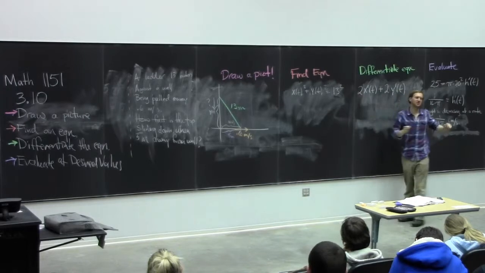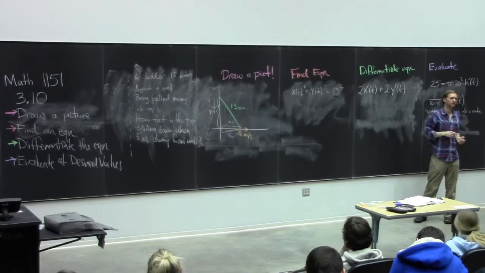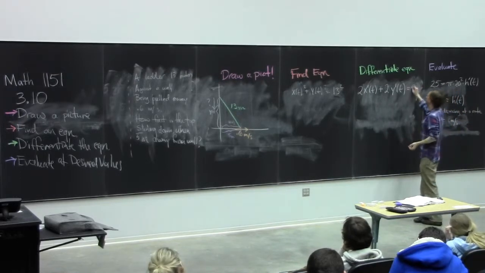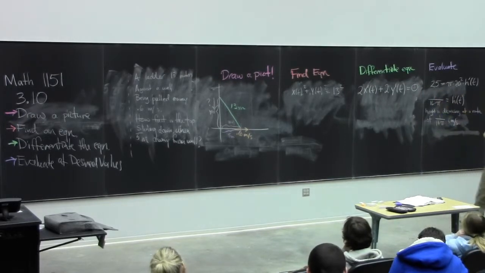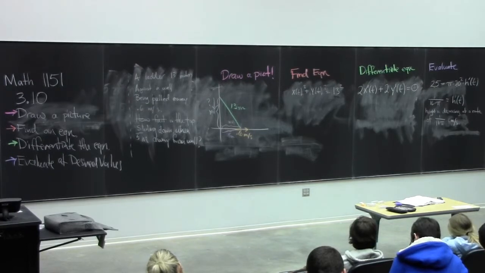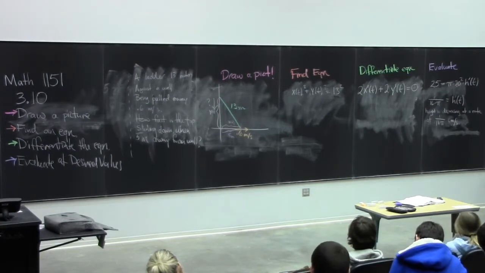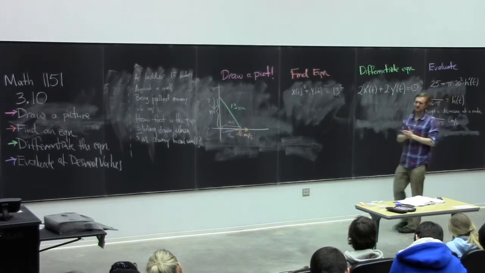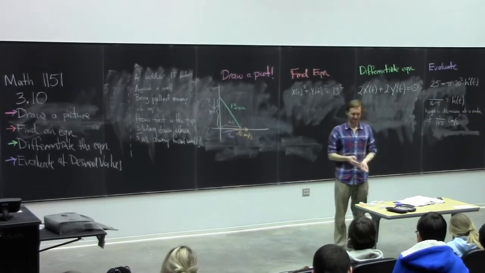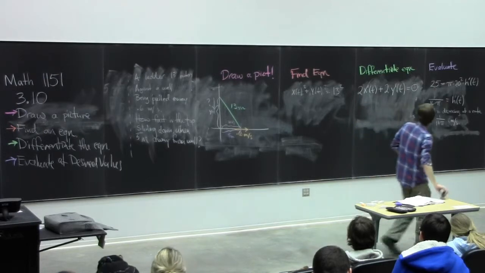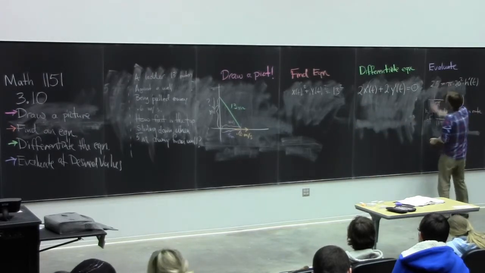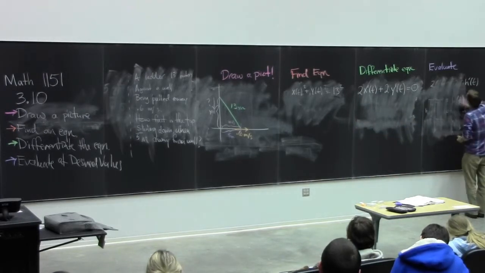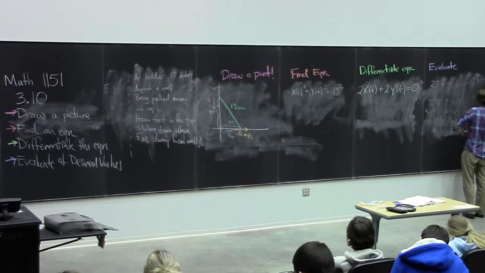What's the derivative of 13 squared? 0. So 0 equals 0. You say, I still don't see how the answer is going to come out of this. So now we evaluate. We plug in all the numbers we know, and we see what happens.